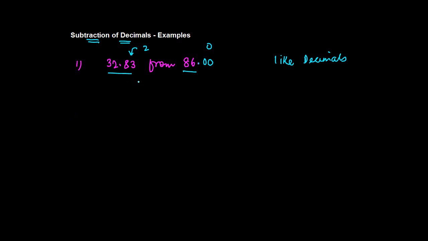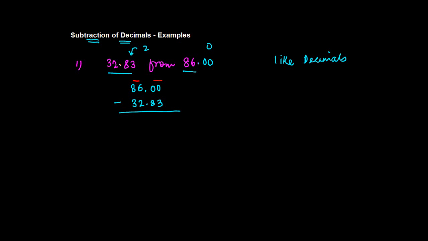Now from 86.00 I have to subtract 32.83. Let me just explain it once more. How do I put this 32.83 over here? First I've written the first number as it is.